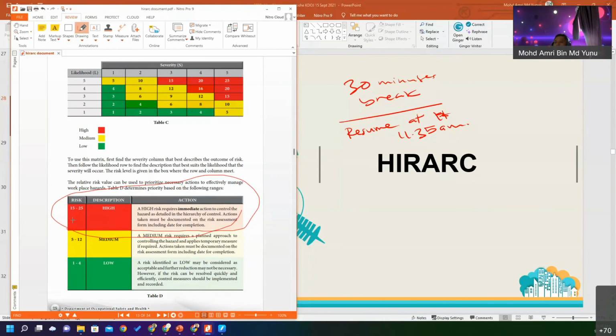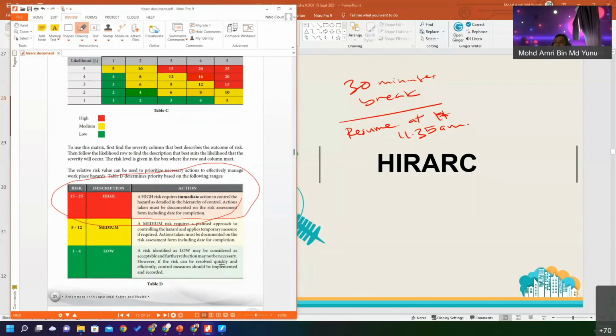Similar to the first one, you have to write down everything, including the date. So if low, no further action is required. But if it can be resolved quickly, then you write it down.